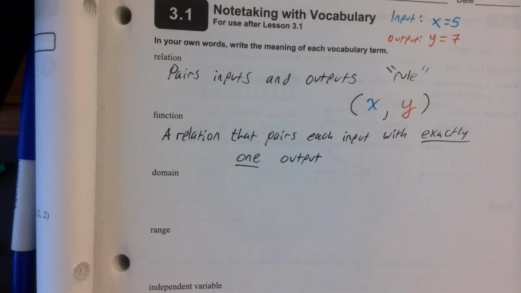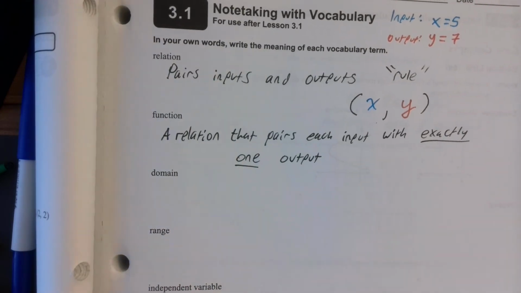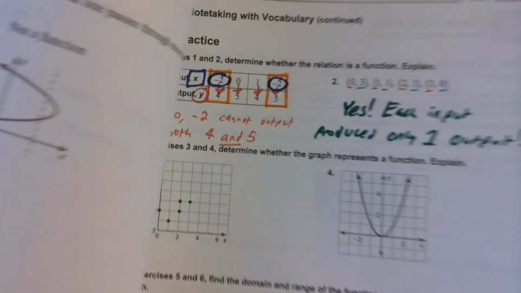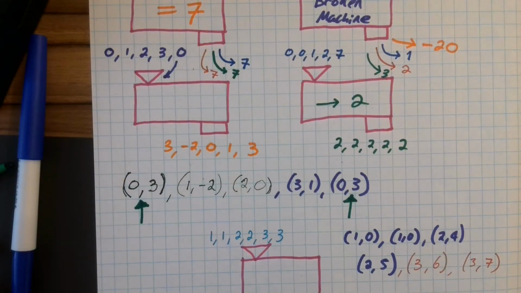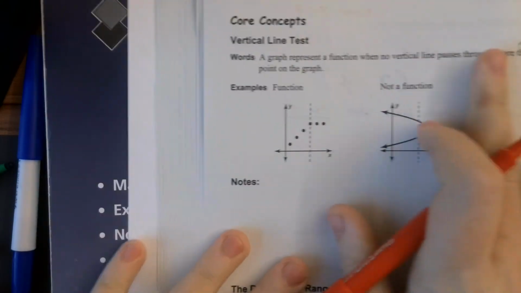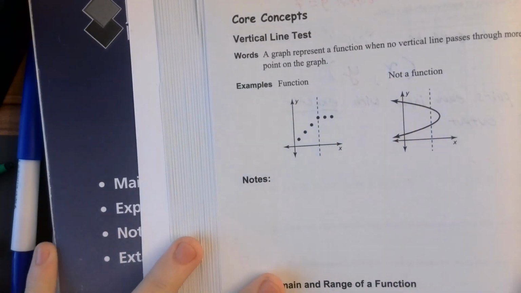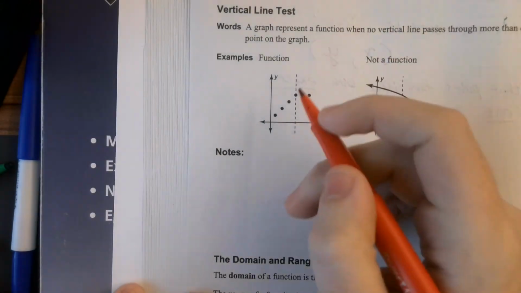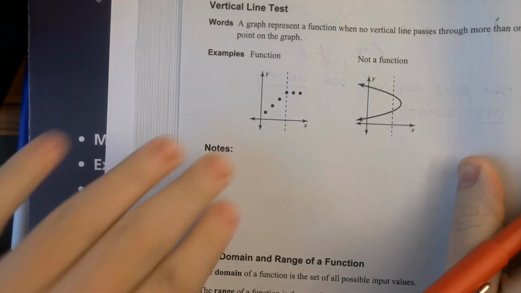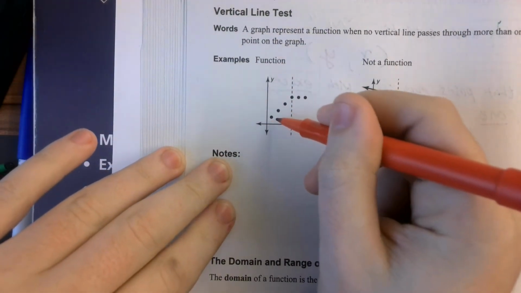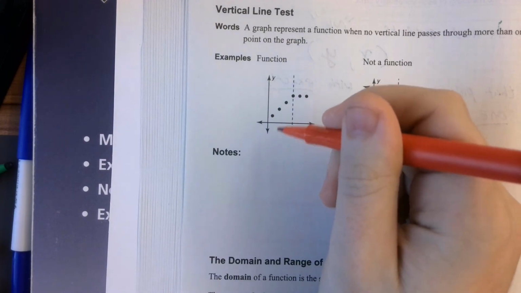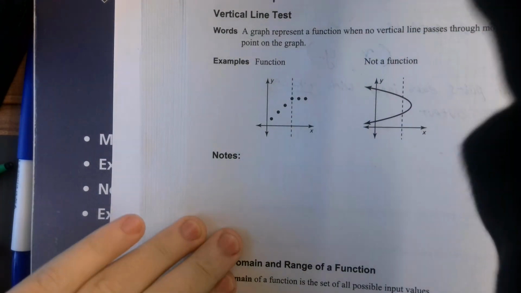All right. The next thing I want to talk about is if we have a situation like a graph. So let's take a look at this example right here. Ignore the fact that it tells us it's a function. Just open up your mind for a second. Each of these dots would represent some sort of coordinate pair.